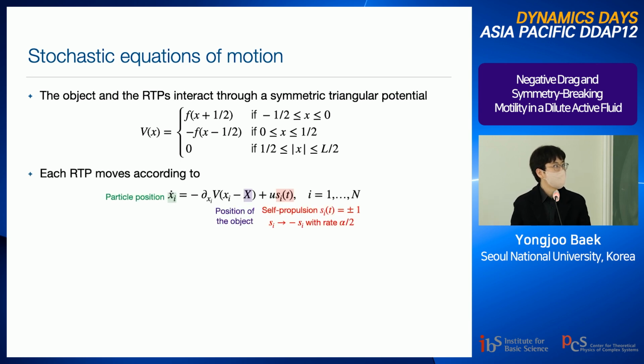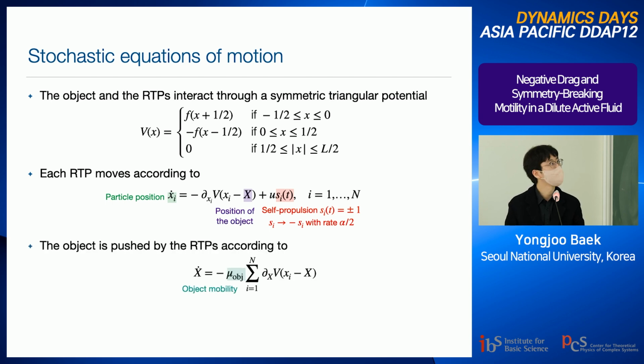So we model the dynamics using overdamped dynamics. The active particle moves according to the interaction force with the object and the self-propulsion, which gives the Brownian tumble dynamics. We assume that there are many such particles, but these particles don't interact with each other. They only interact with the object.